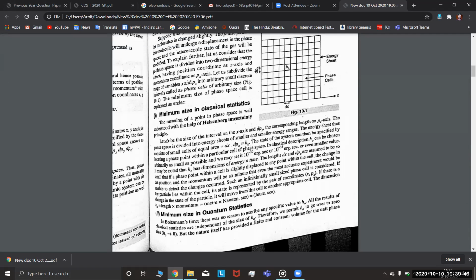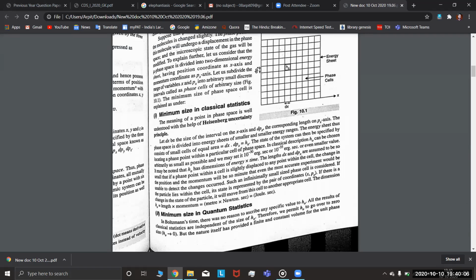I think what will happen in classical mechanics is that you can make the value of h naught as small as possible. The smaller it is, the more precise the position and the velocity, isn't it?